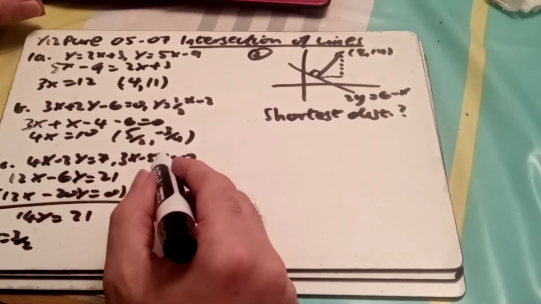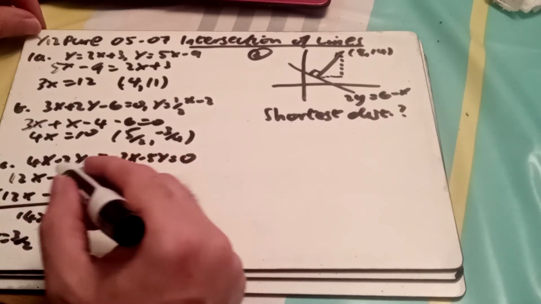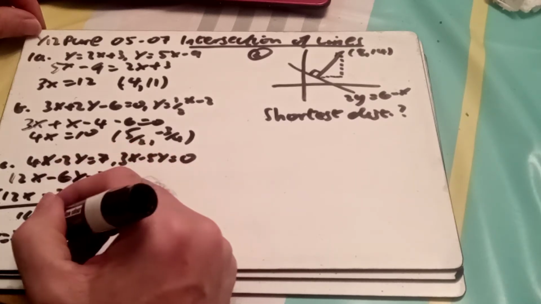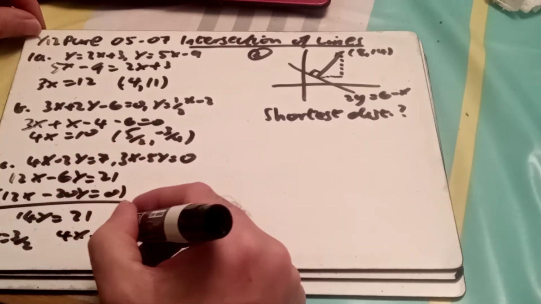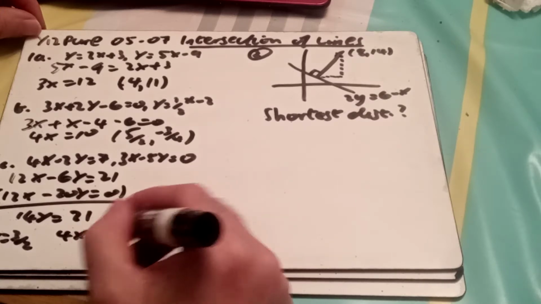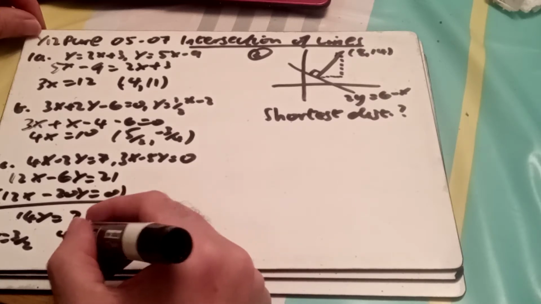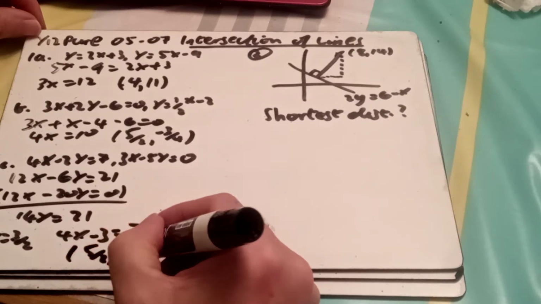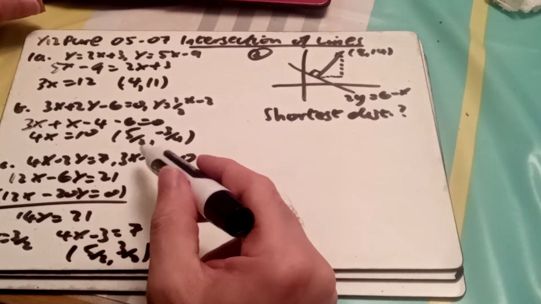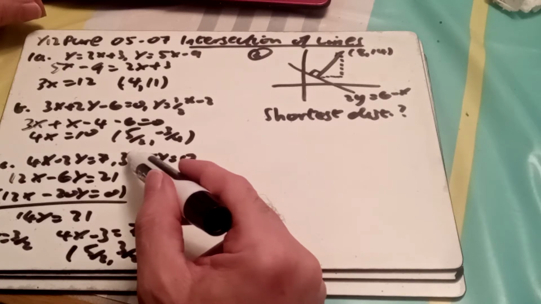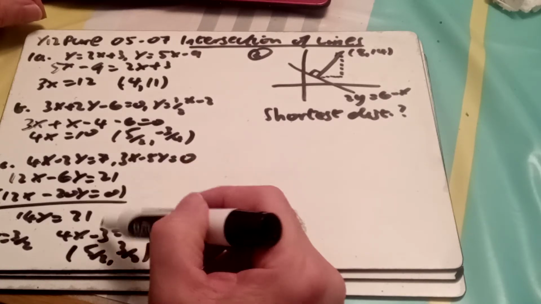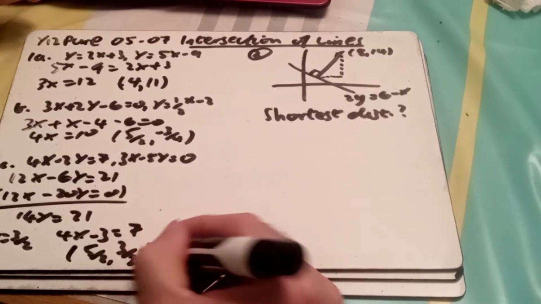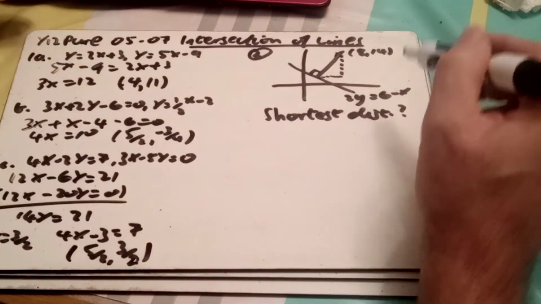And stick that into either one of these now to get the x, so it's 4x, and then minus 2y is minus 2 lots of that, so minus 3 equals 7, and yet again x is 10 over 4, 5 over 2, so I've got 5 over 2 and 3 over 2. Checking that one, 3x is 15 over 2, 5y is 15 over 2, when I minus them I get 0, so we're good to go.